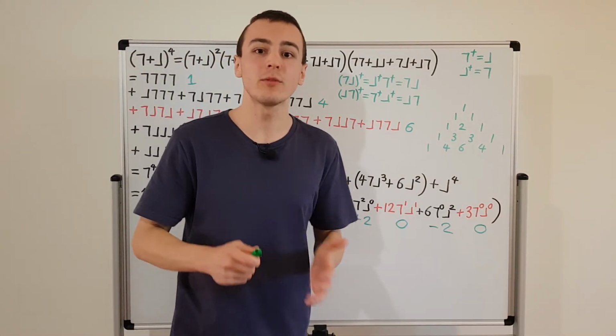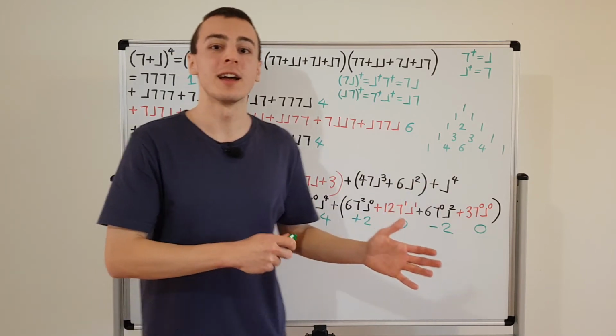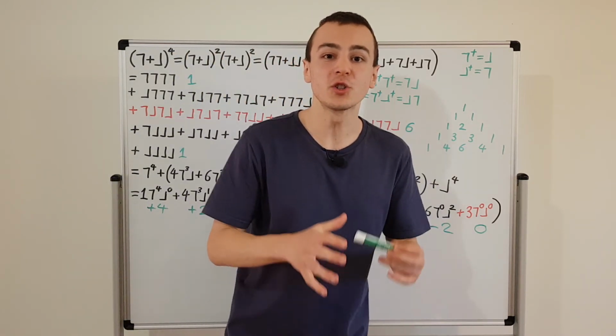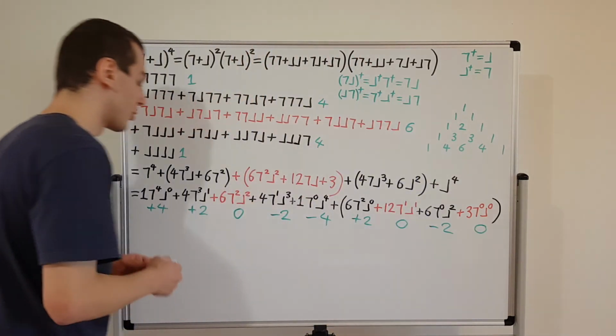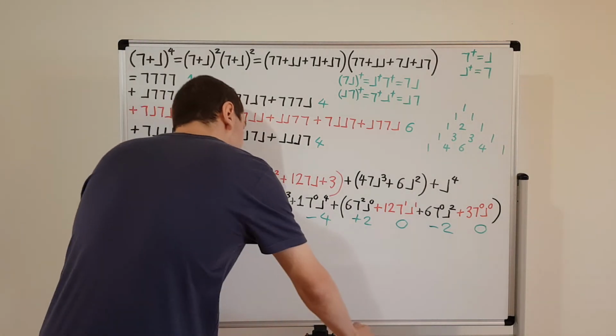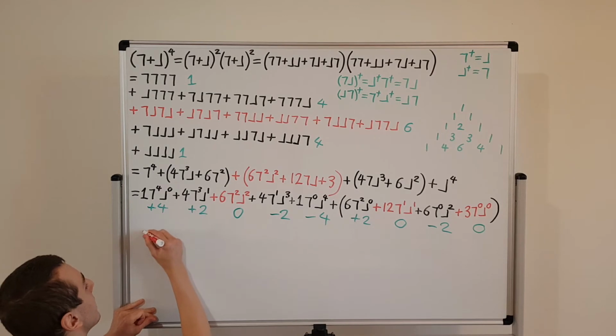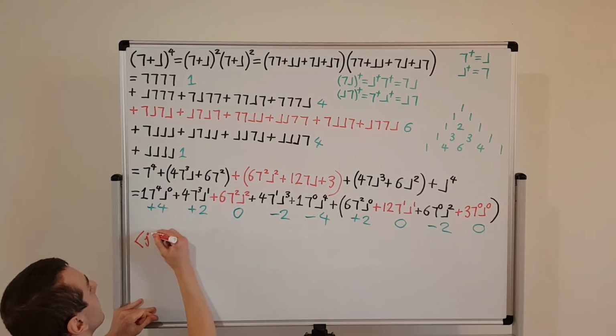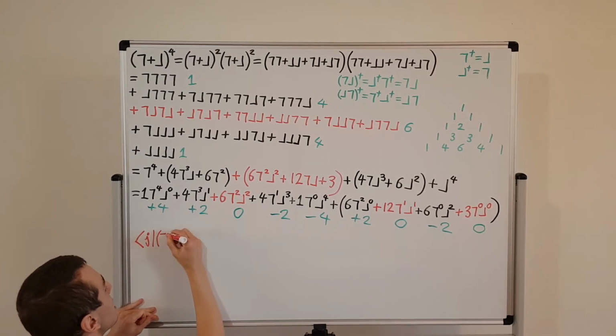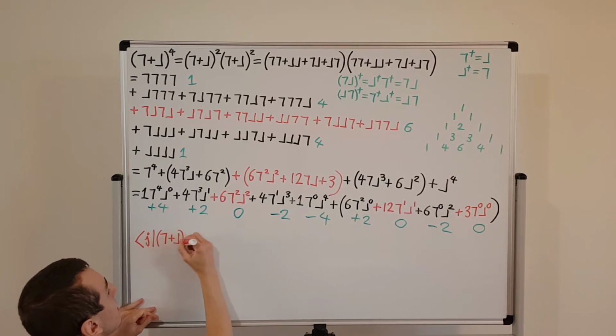This rotating wave approximation is one way of looking at it. Another way of looking at it is this first order perturbation theory. So I'm going to write this below. Let's say we sandwich this combination of creation plus annihilation to the power of 4.